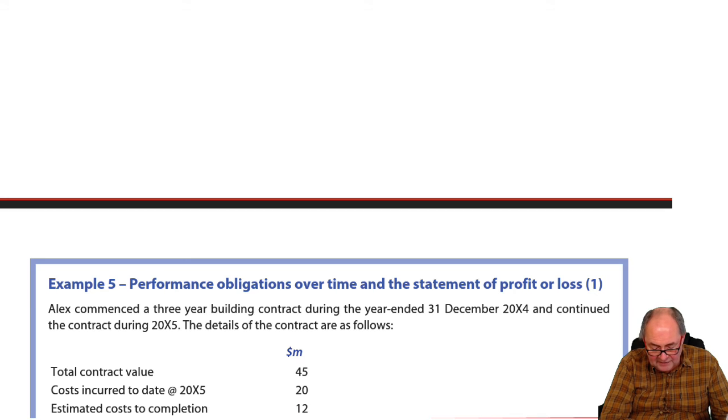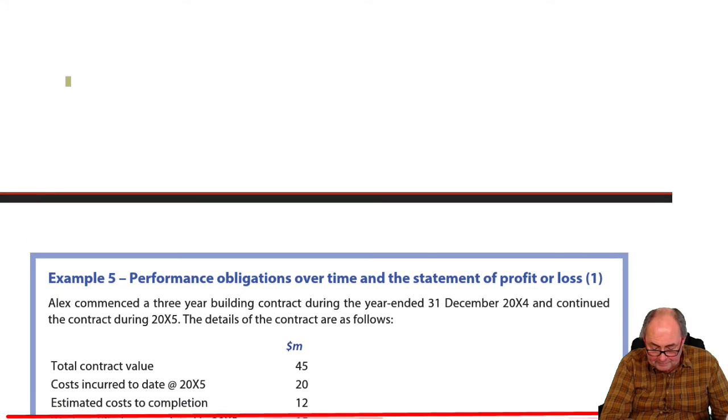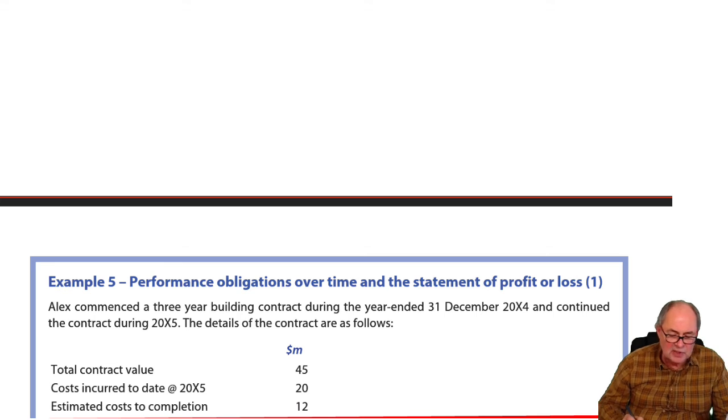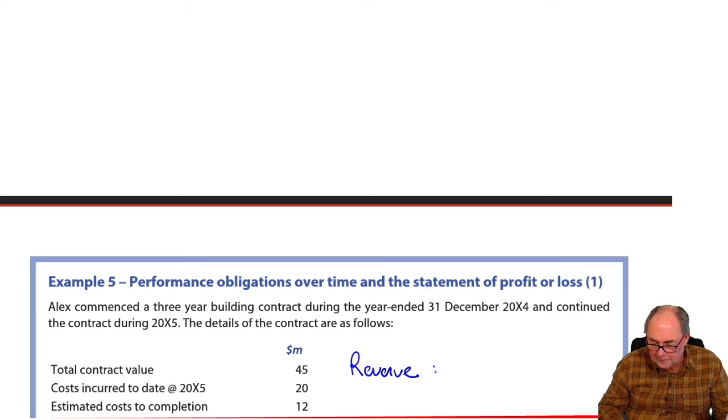Just looking at some of the figures that we've got there, we're told that the contract value is 45. We're told that the costs incurred are 20. The cost to complete are 12. So how much revenue should I therefore recognise? Well, I could use that input method, the costs, and say, to date, the total costs that I've incurred are 20. The costs to complete are 12.